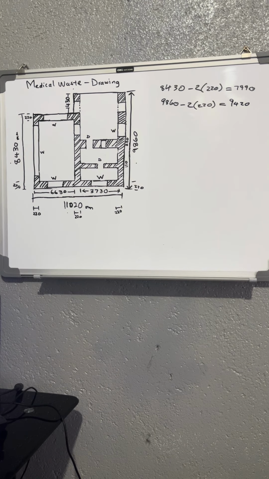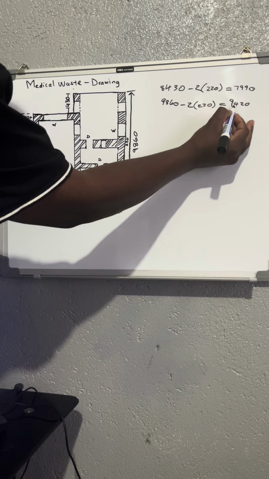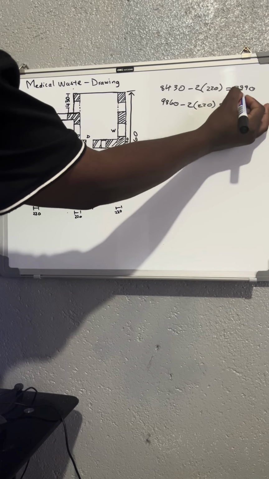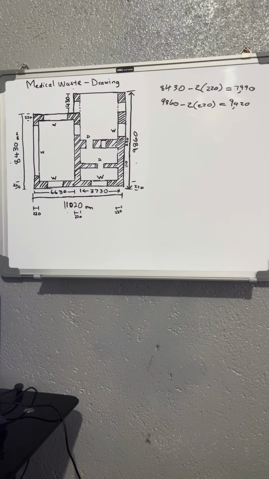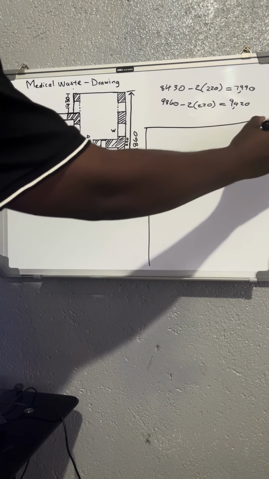These are in millimeters, and remember you have to do your conversion, divided by 1000. So it means you're going to have 9.42, 7.9. So we did those ones, and now we have to show our final calculations.